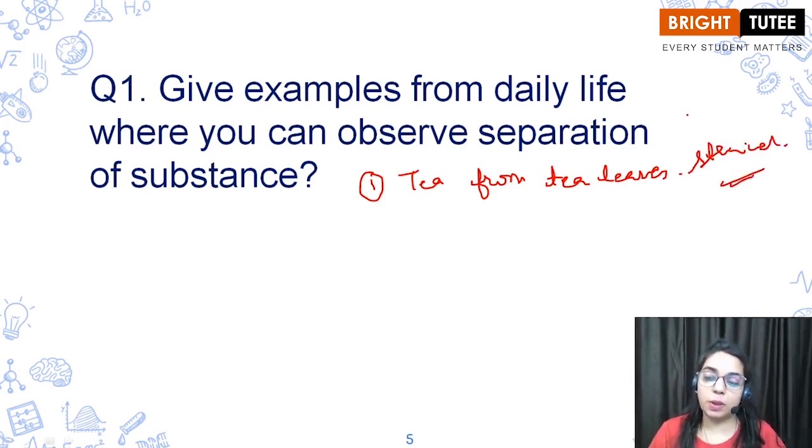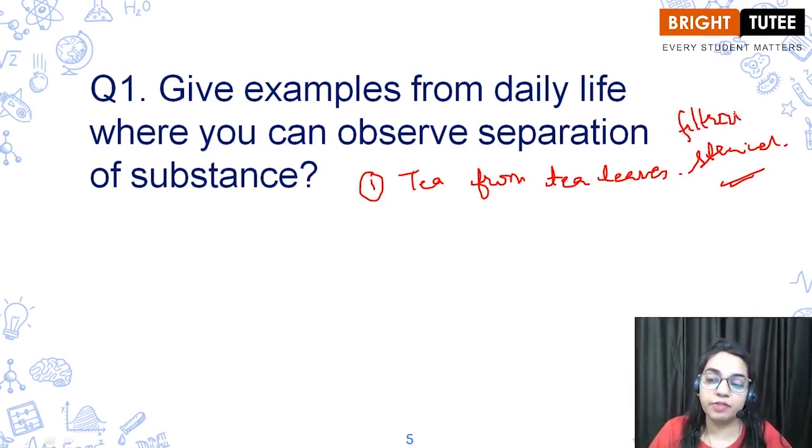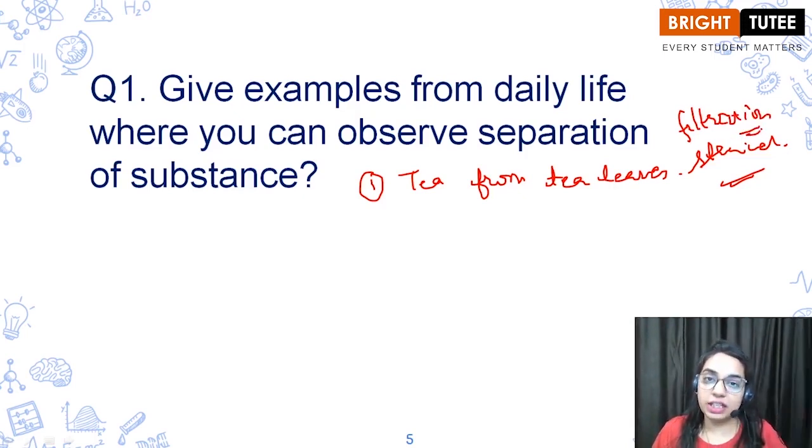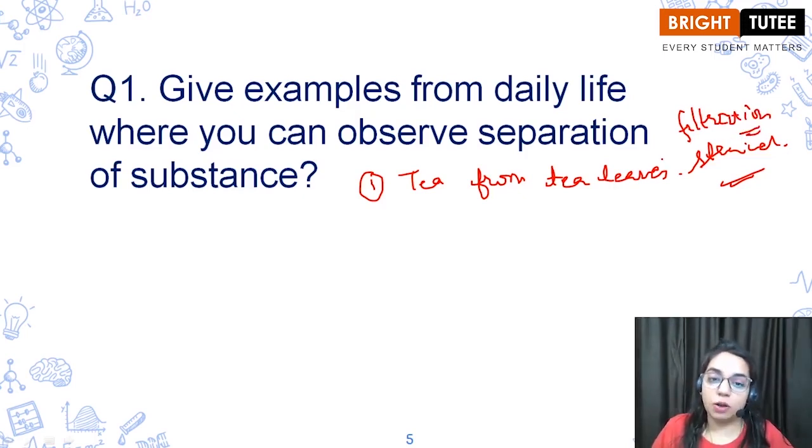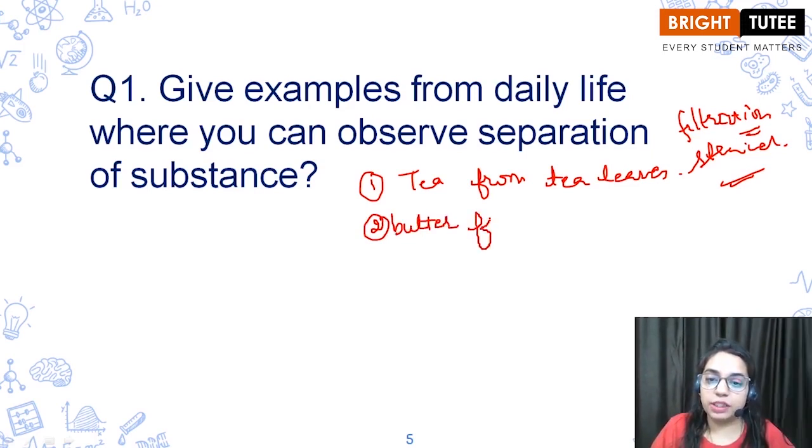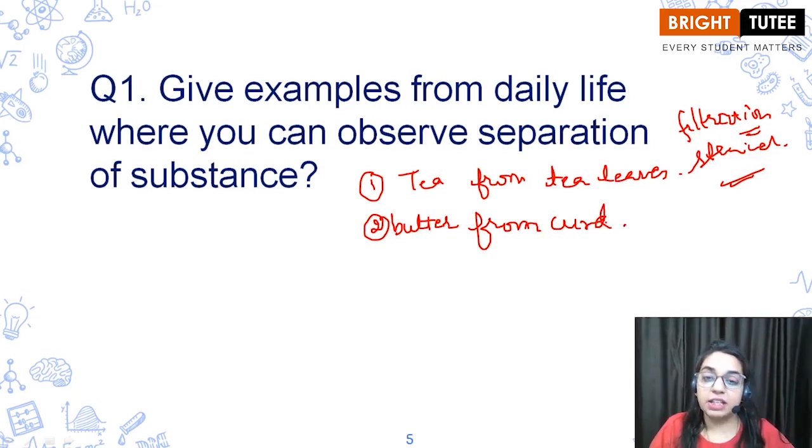Or we can also call this process as filtration. Why? Because we are filtering it, right? Okay, so we are removing the tea leaves from the liquid tea. Also, which other examples can be there? The example can be separation of butter from curd, right? This is another example where you can see the butter being separated from the curd.